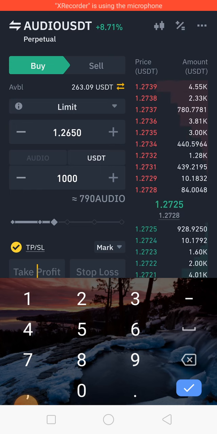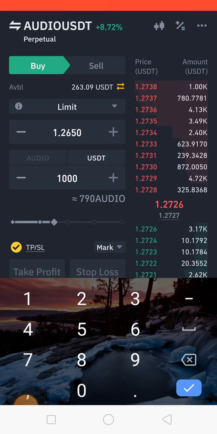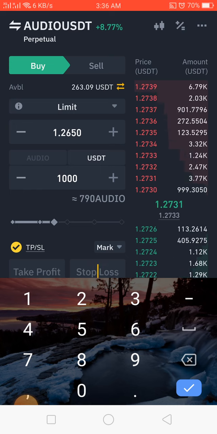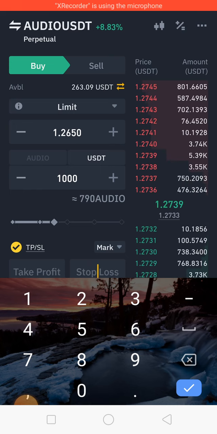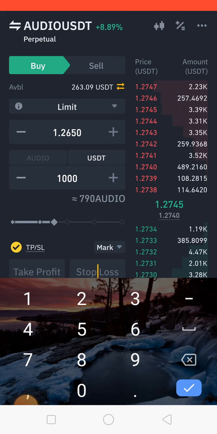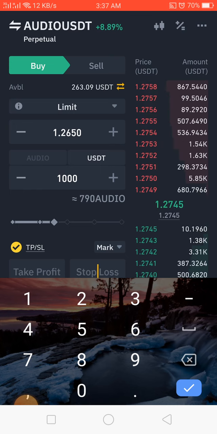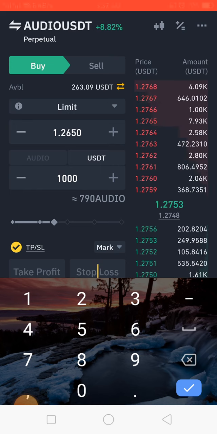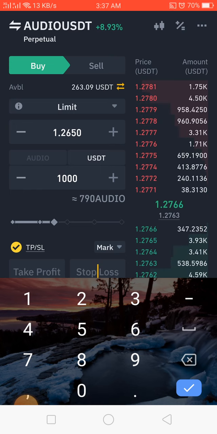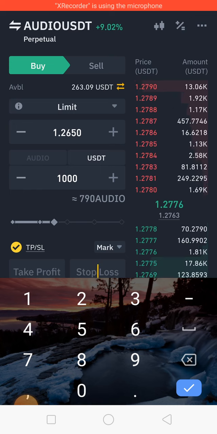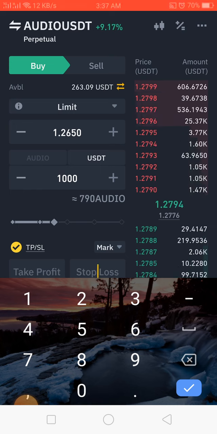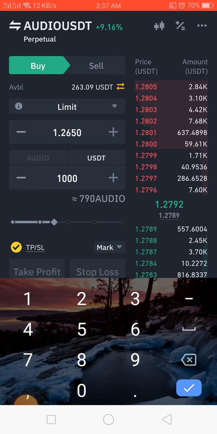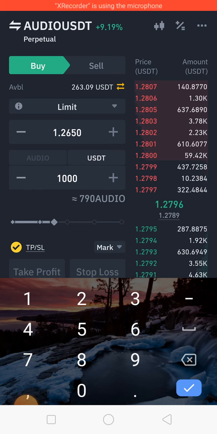Whereas stop loss means when the trade goes in the wrong direction. I mean, if you went long or bought a coin, and then the market has selling pressure and goes in the other direction, going down, then your stop loss comes into play.